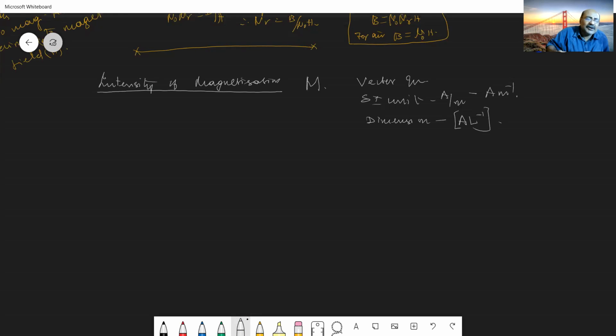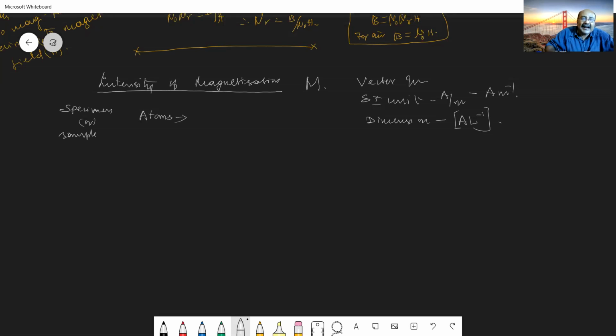So how can I explain the intensity of magnetization? There is not just a definition, there is an explanation. You just consider a specimen, or a sample of material. Whichever sample or material you take, atoms are the building blocks of that specimen or sample. So that specimen is having a large number of atoms in it.